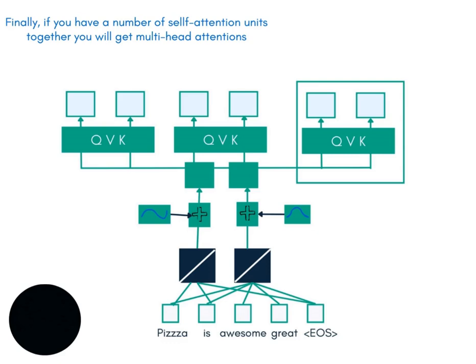Finally, if you have a number of self-attention units together, you can use multi-head attention. If I go back to my transformer, for the next part I'm not coding the multi-head attention, but I'll definitely give you code or ideas about how to convert this into multi-head.